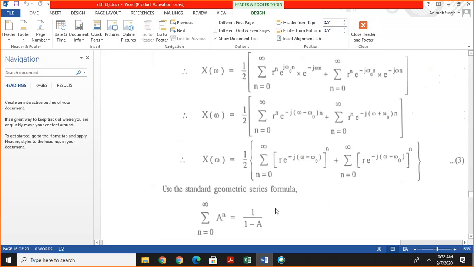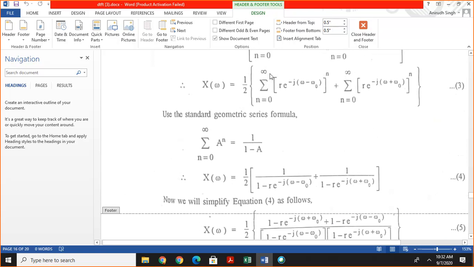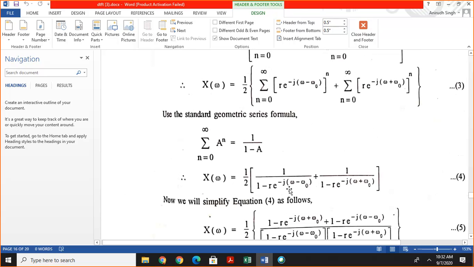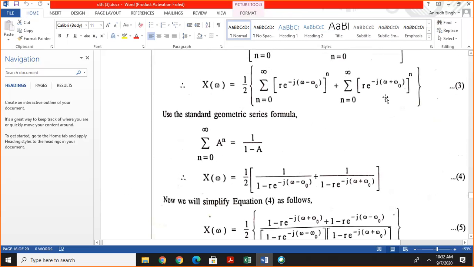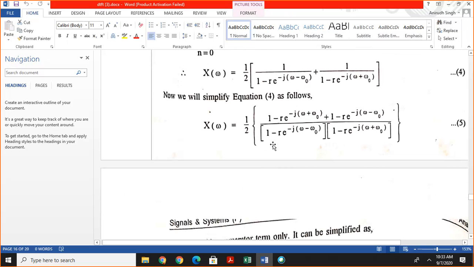This equation is written in this form, and it is a geometric series, so we use the geometric series formula. This can be written in this, and this is written in this form. And if we simplify the expression, then we get X of omega like this.